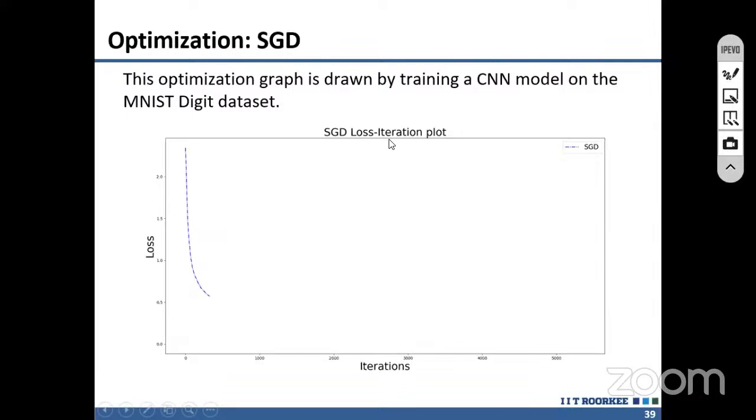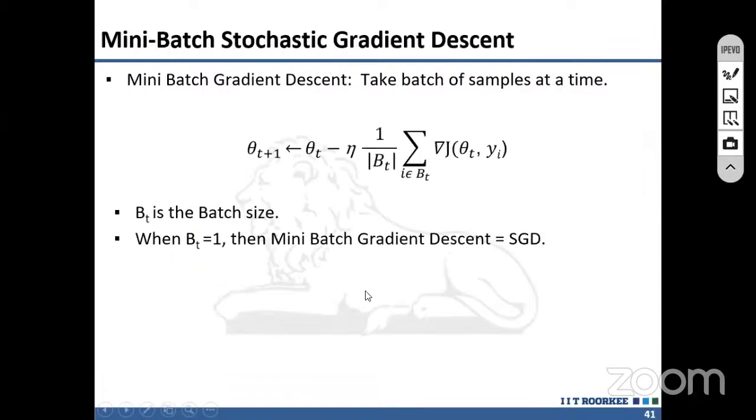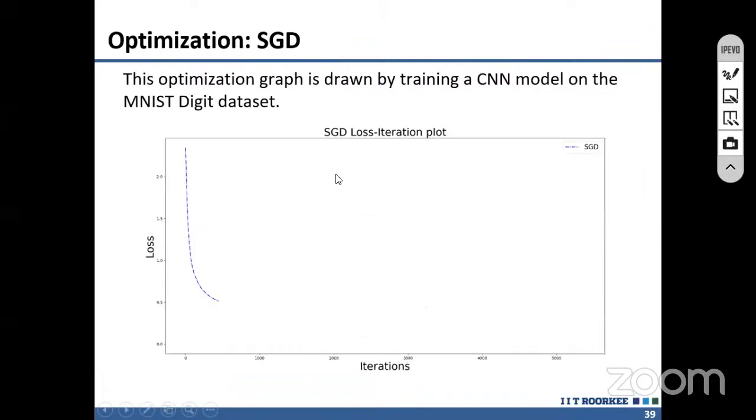Here you have one graph showing how it is converging. This is SGD, stochastic gradient descent, and I'm showing the plot. In the first few iterations, every iteration is reducing the error.